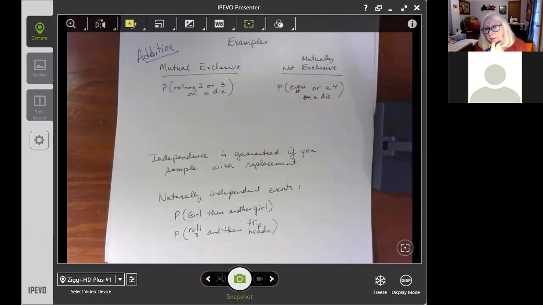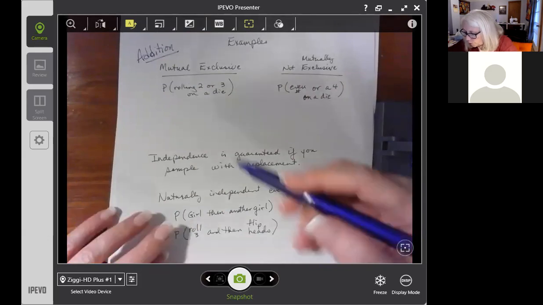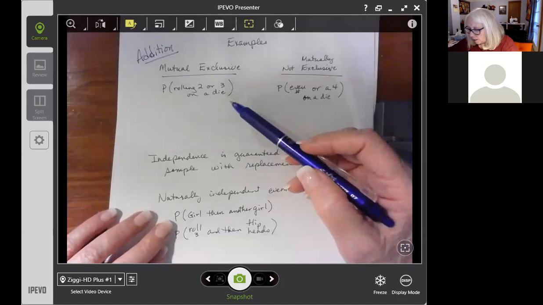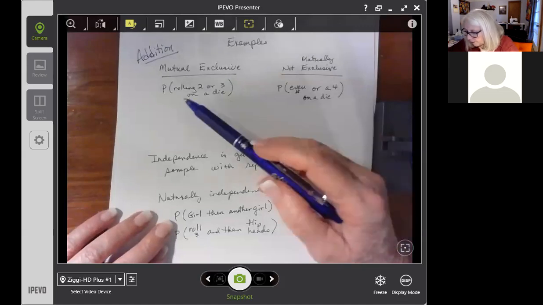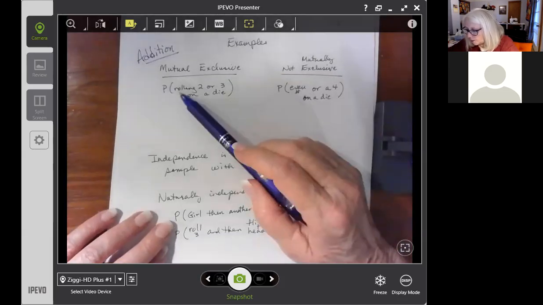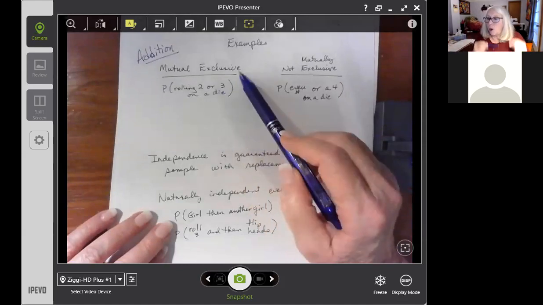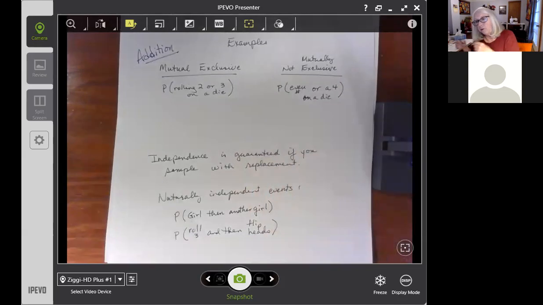So I've got a very simple example here. If you think about a 6-sided die, and I wanted to know the probability of rolling a 2 or a 3, those 2 events are mutually exclusive because you can't both roll a 2 and a 3 at the same time. It's either one or the other. You can't do it at the same time.